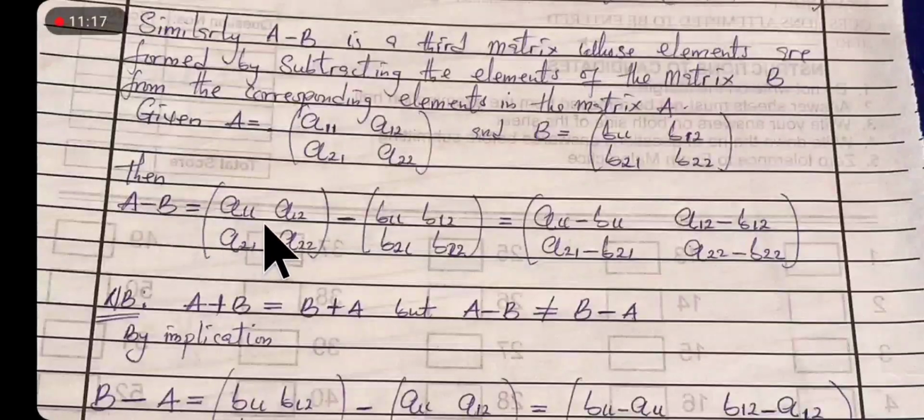A minus B is matrix A minus matrix B. A11 minus B11 gives the first entry, A12 minus B12 the second entry, A21 minus B21 the third entry, and A22 minus B22 the last entry.